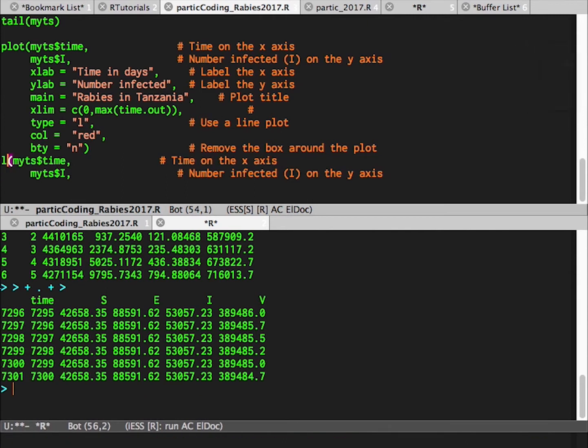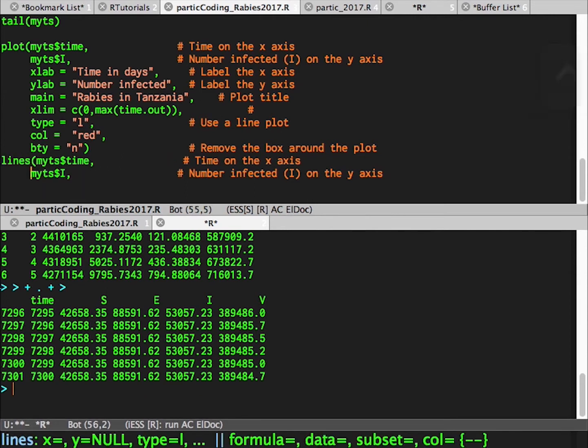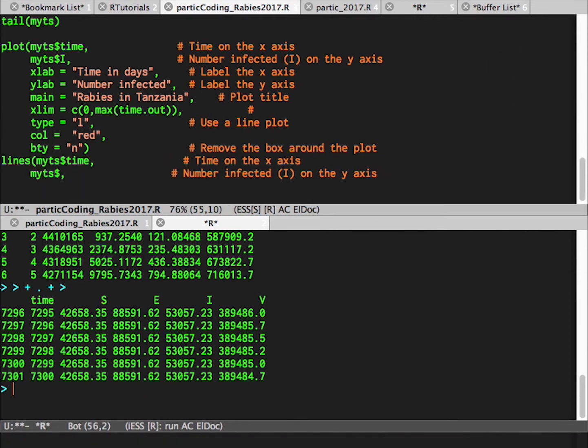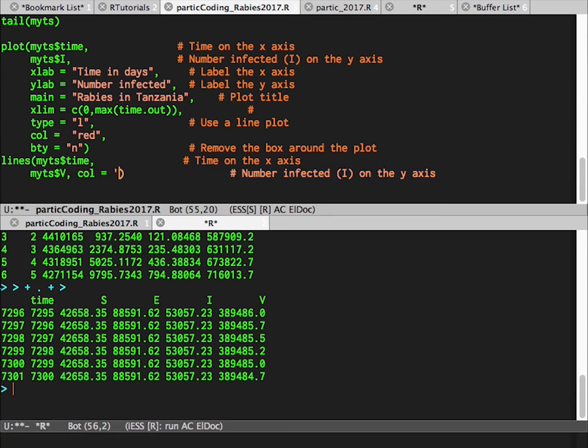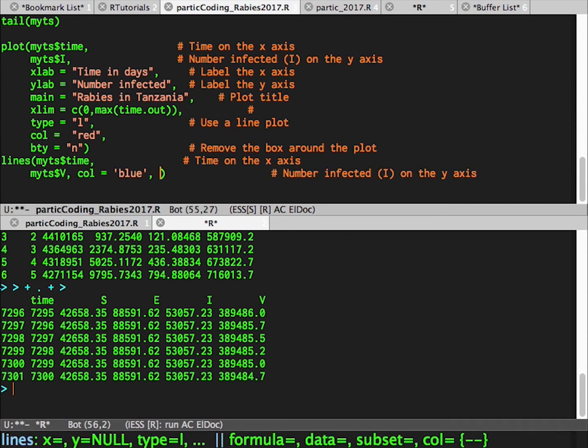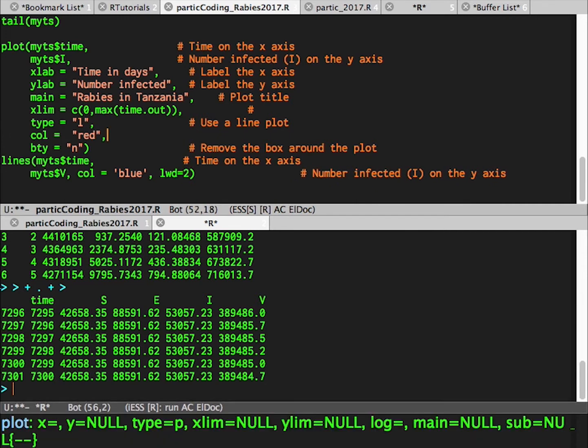While you're doing that, Becky is pulling up the Hampson paper. So we maybe could make some more parameter values. Okay, great. So let's look at the number vaccinated and make that blue. And since some people are in the back, I'm going to make all the line widths a little thicker.